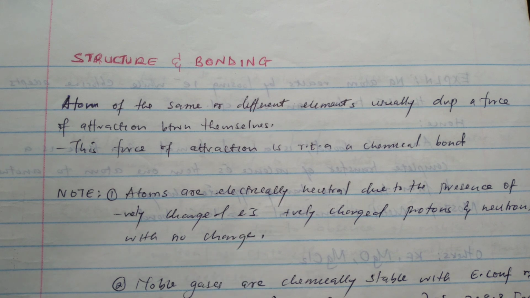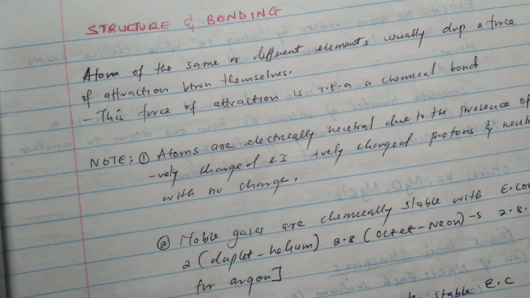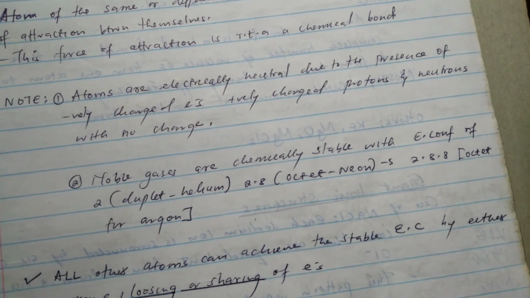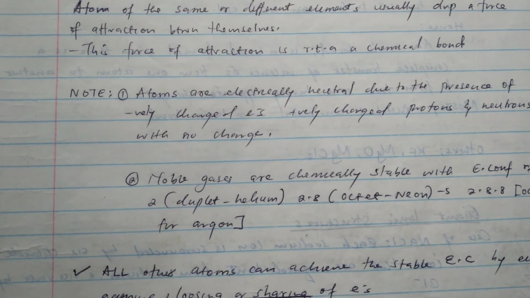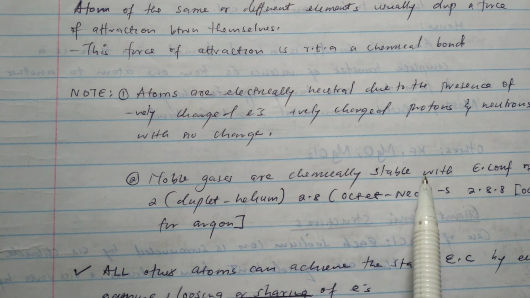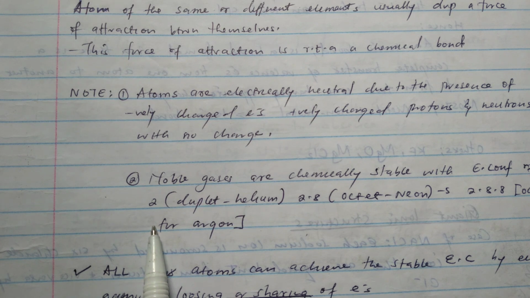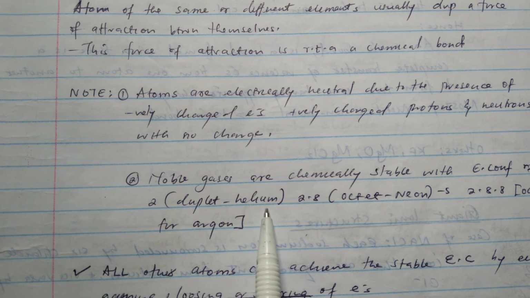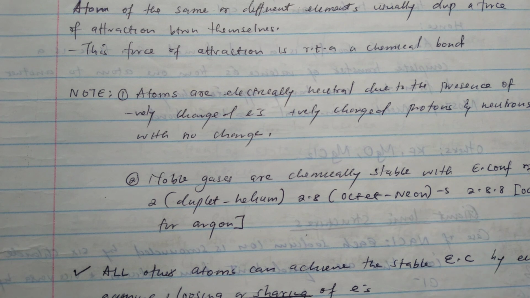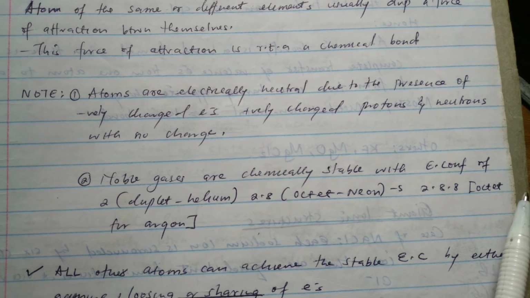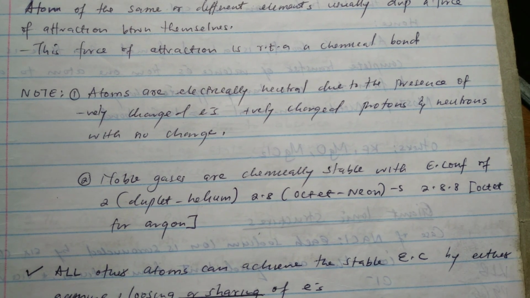And number two, noble gases are electrically stable, with an electron configuration of 2 for helium, then 2.8 for neon, and the last one is argon, which has 2.8.8.